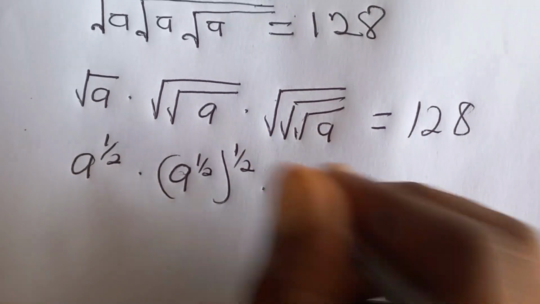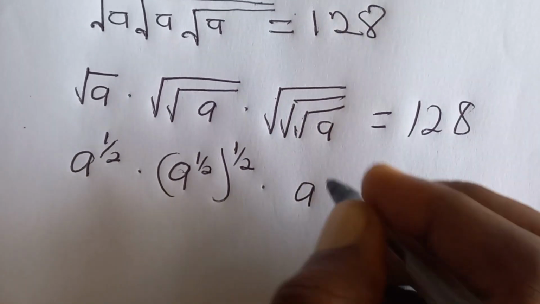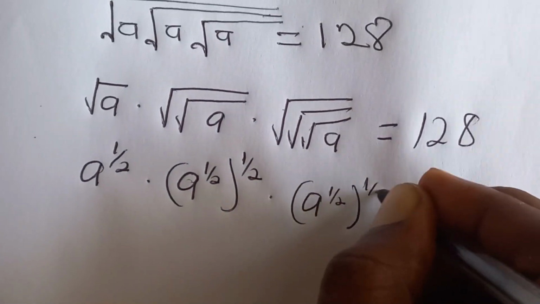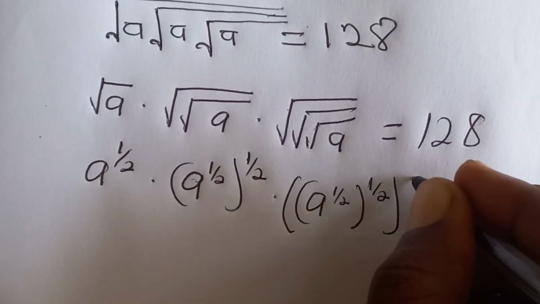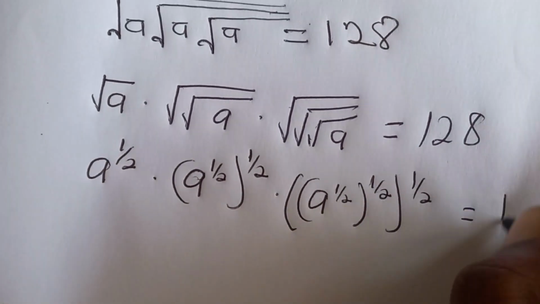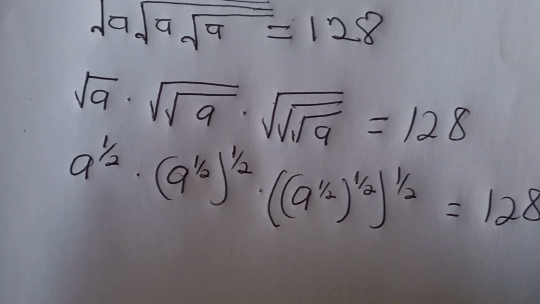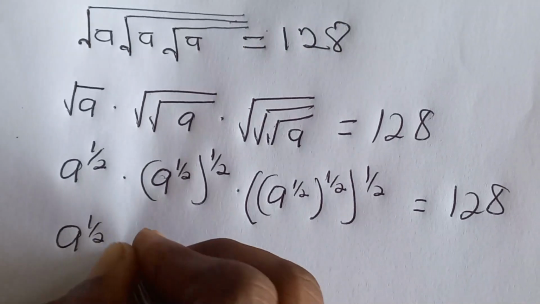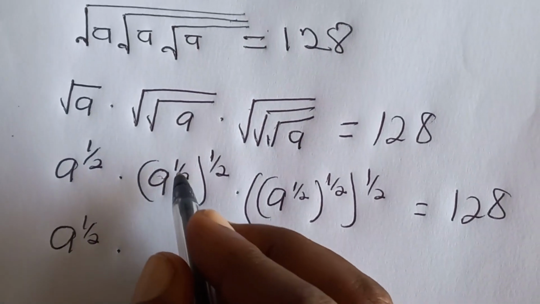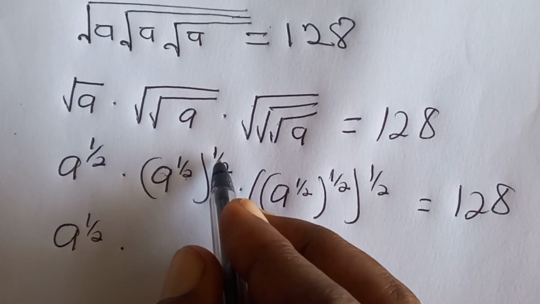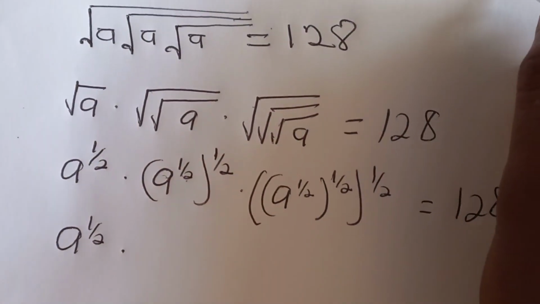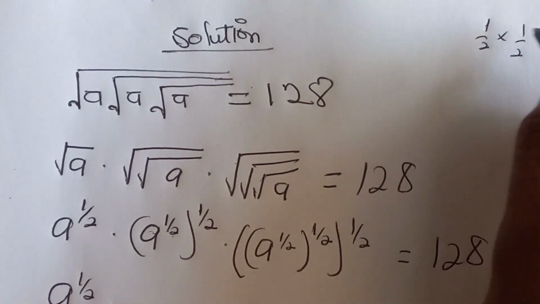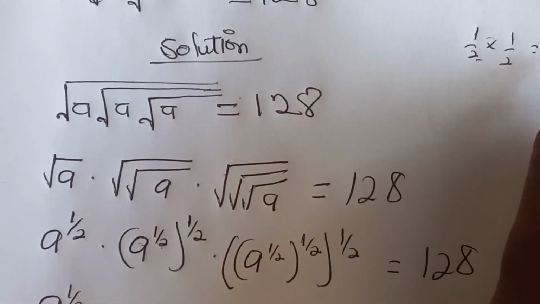Multiplied by another A power half, bracket, power half, bracket, power half, which is equal to 128.